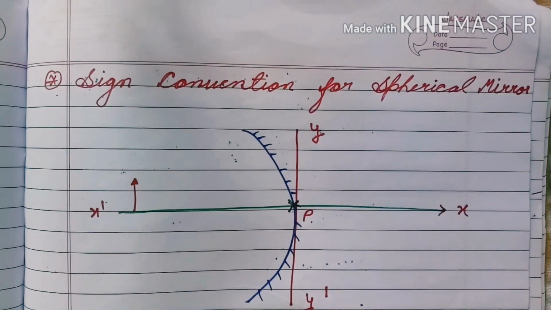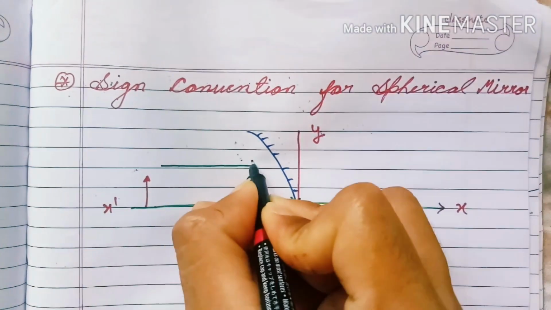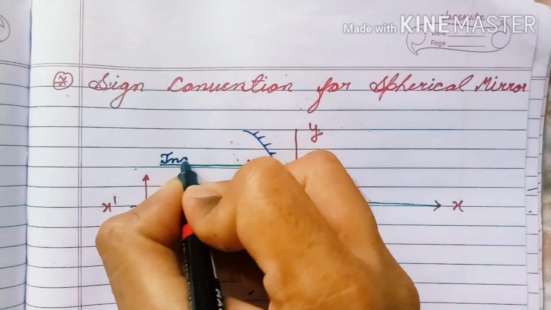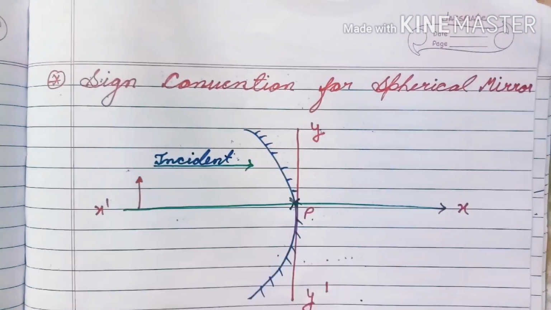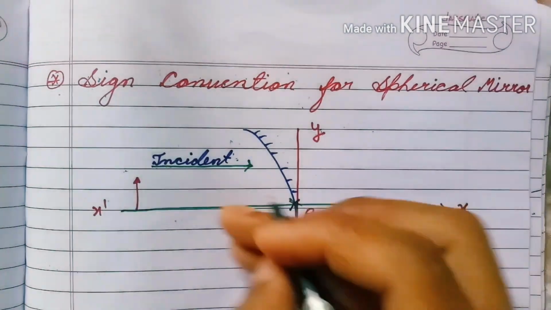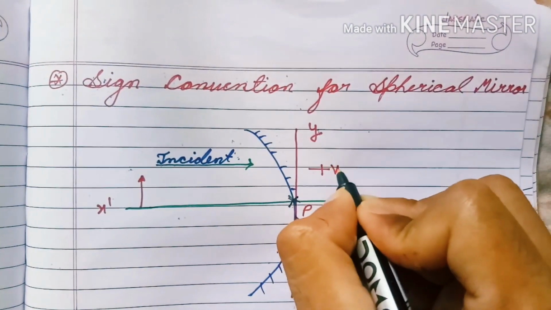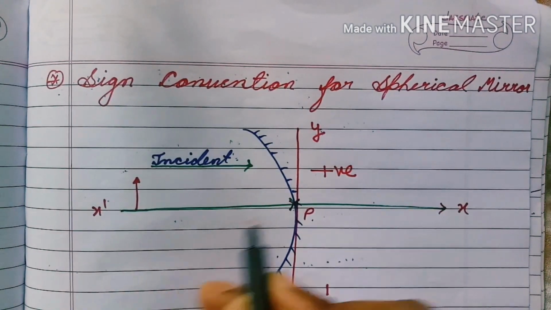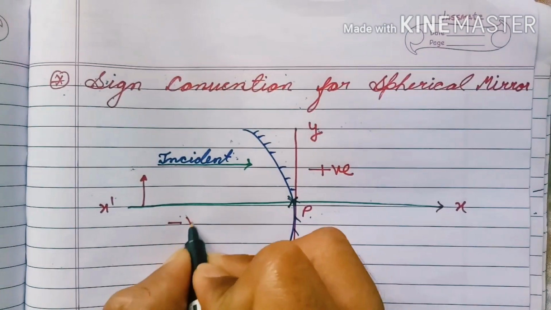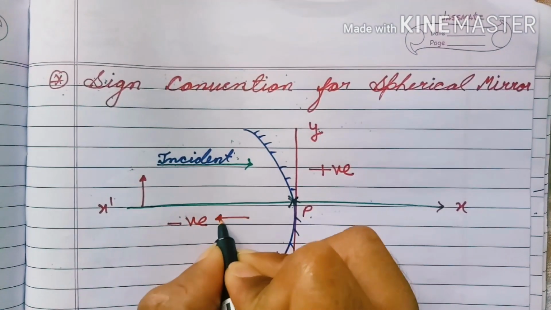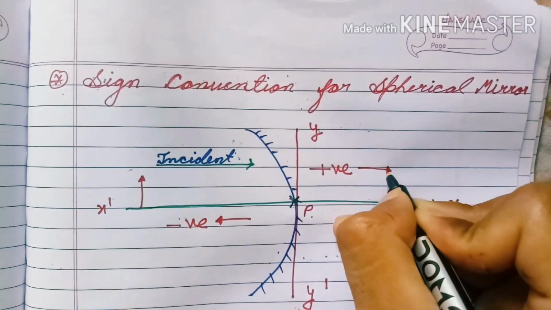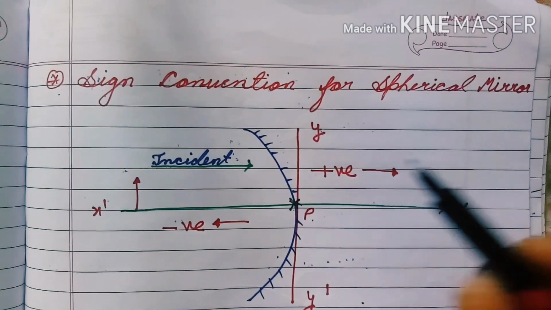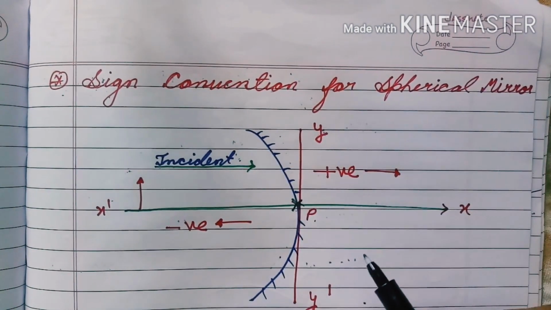Means suppose that this is the direction of incident light, then this is taken as positive, and opposite to the direction of incident light is taken as negative.